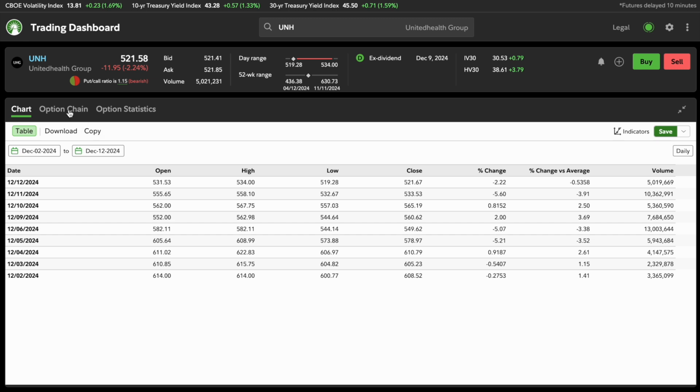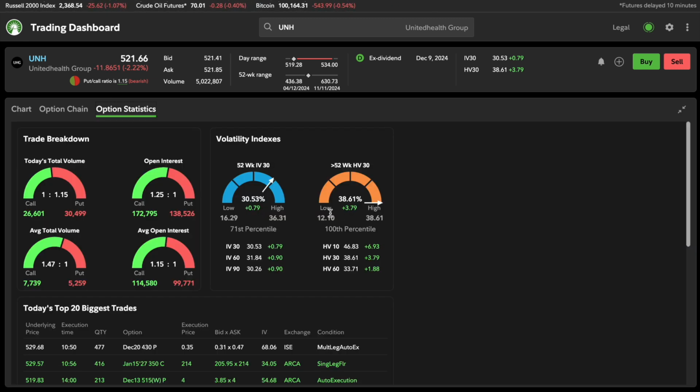If you go down to the option statistics, you can get an idea of what calls and puts are being put on this. Today's total volume so far, it's about even, 26,000 to 30,000 puts. But if you look at the average total volume, a lot of call options coming in here. The ratio of calls to puts of the average total volume is 1.47 to 1.